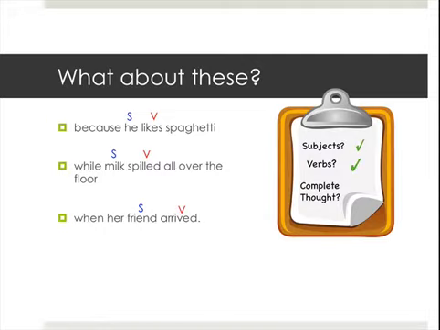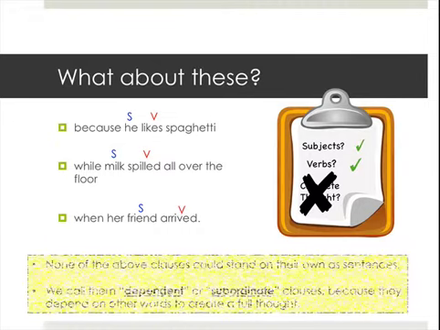All three have verbs. Do they form complete thoughts? No, they do not. Because he likes spaghetti, you're waiting to find out more. What? Because he likes spaghetti, what? Well, milk spilled all over the floor. It suggests something happened, but we don't know what. They do not form complete thoughts.